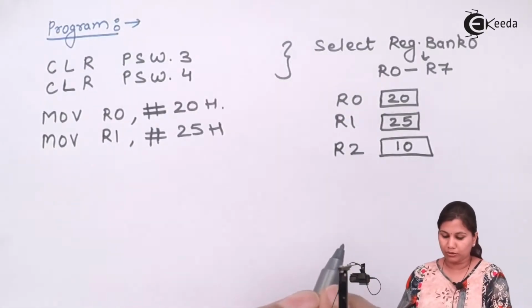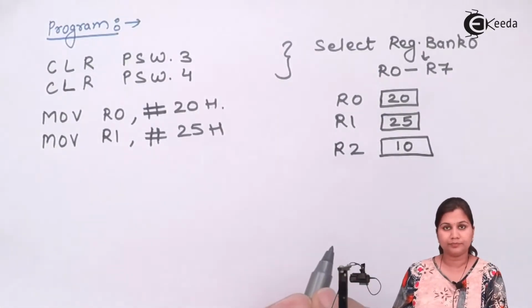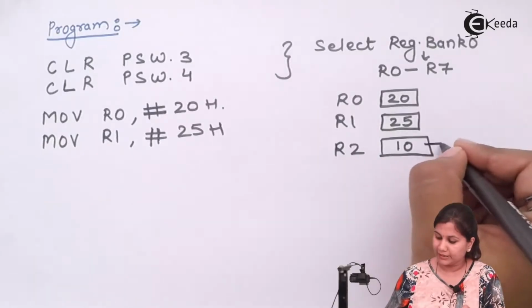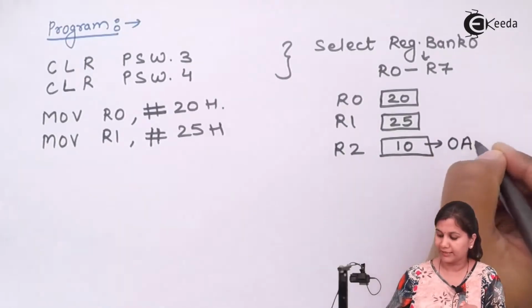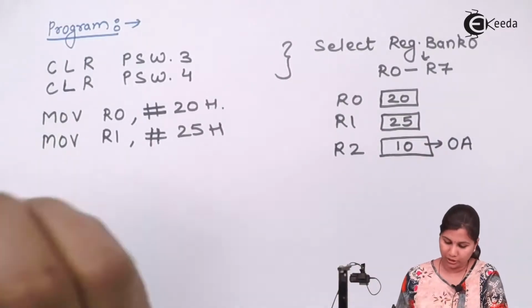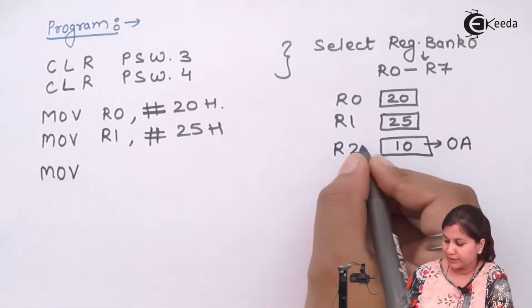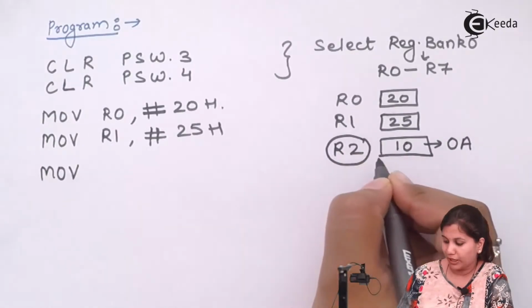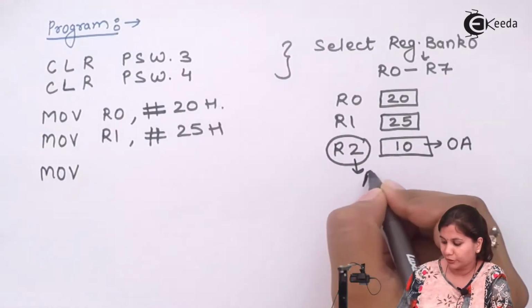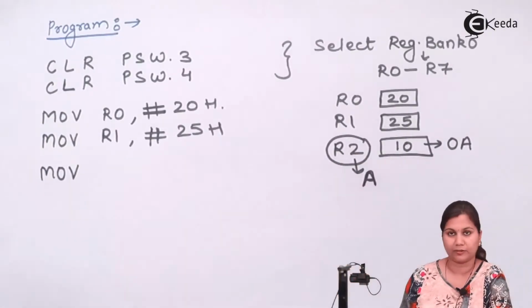Okay, so 10 numbers are there, and in hexadecimal notation it is written as 0A. Because this is in R2, we have to shift it into the accumulator, that is the A register.